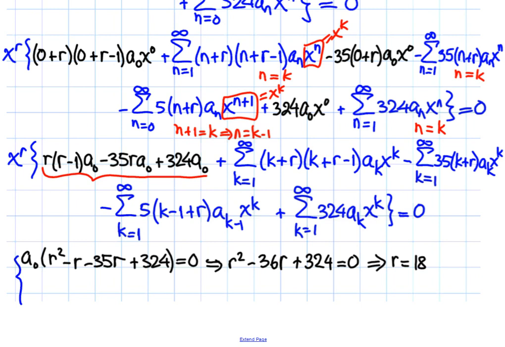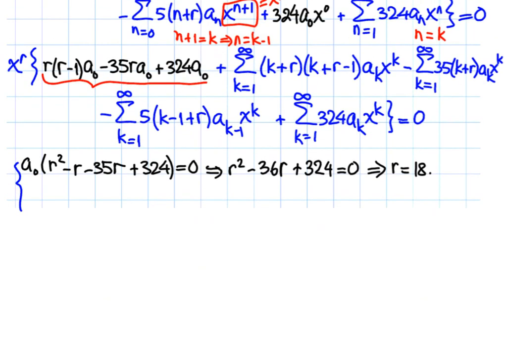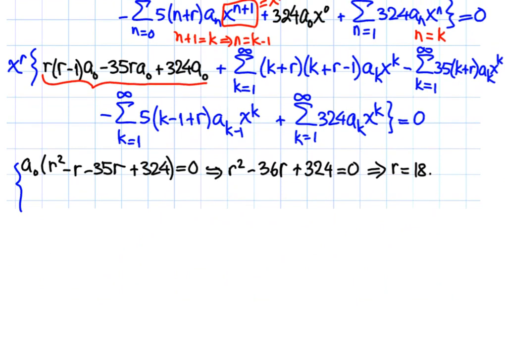The second part, if we factor out x to the k and combine the fraction, we should have, now because all the series start from 1 to infinity, so we just wrap that, factor out x to the k.